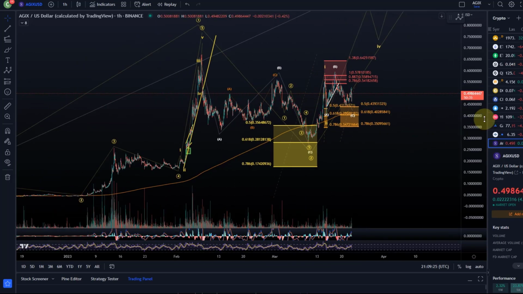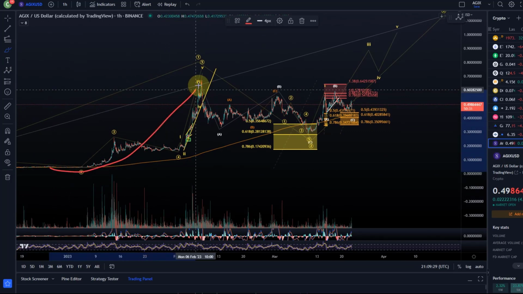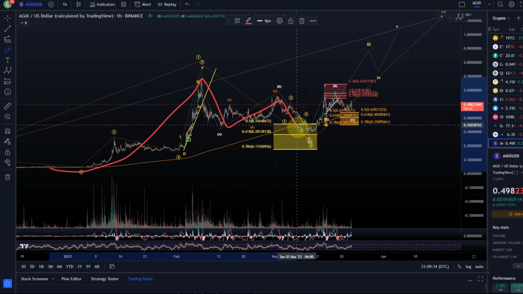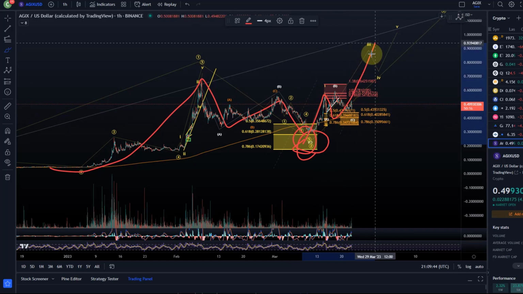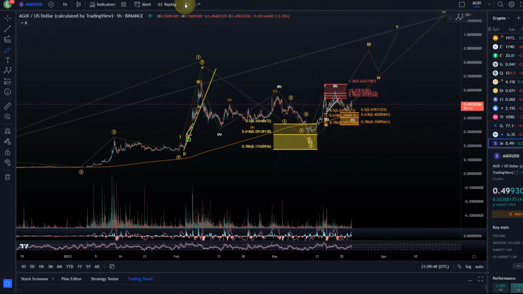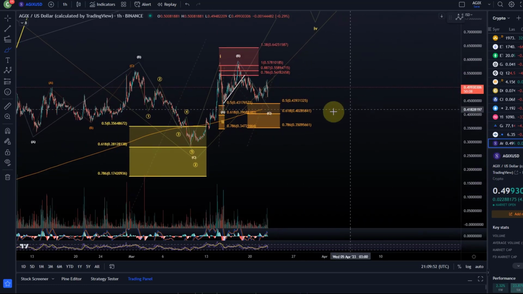At the moment, I'm counting the move here as a wave 1 into the 8th of February high, then an A, B, C structure down to form a wave 2. Based on that, we could now be in this third wave to the upside, and within the third wave, we've done a 1-2 and are now working on the third wave. So the trend is up against these swing lows or support areas that are highlighted, and until we see a change, that remains the case.